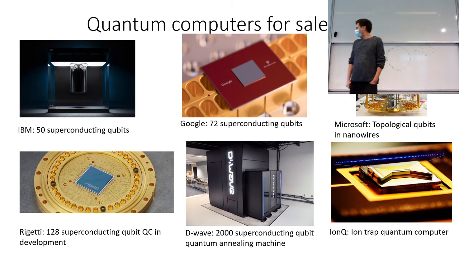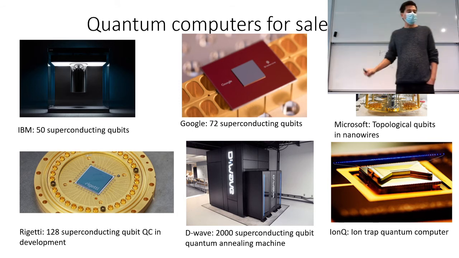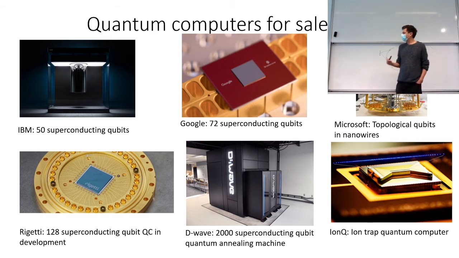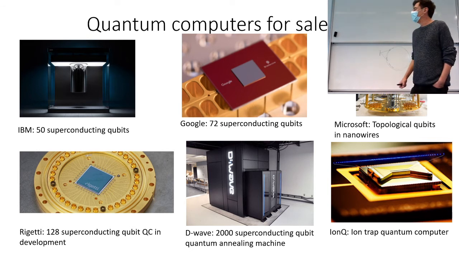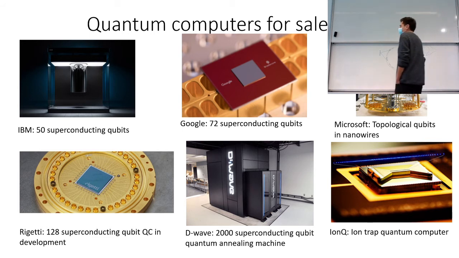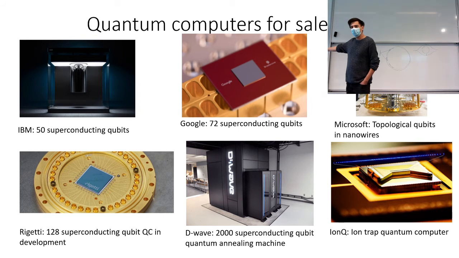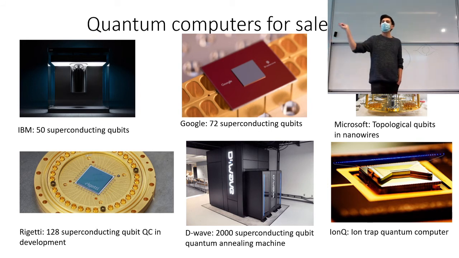But I think you have to hand it to them, they were really right on the money. They were laughed at, and people were skeptical about this company for a really long time. But somehow this guy, or maybe a team of them, picked the right technology, superconducting qubits, which is now what Google, IBM, and all these guys are doing.